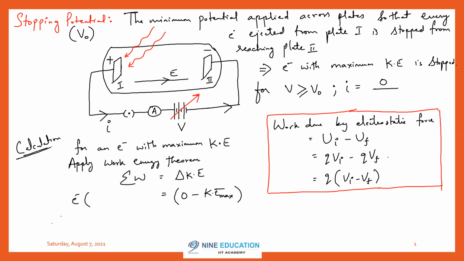So let us put that here. What is the charge? The charge is minus e. That is why I'll write minus e. Negative charge is minus e, into initial potential minus final potential. Just a second.